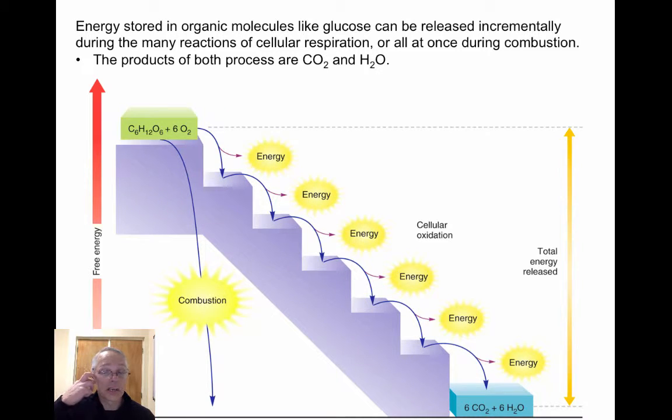You can also get the same energy released by burning that organic substance. We can burn organic molecules, as you are probably aware, and release all of that energy in a flash of heat and light. Well, it's the same amount of energy and it's the same products, but we'd rather release that incrementally so we can use it.